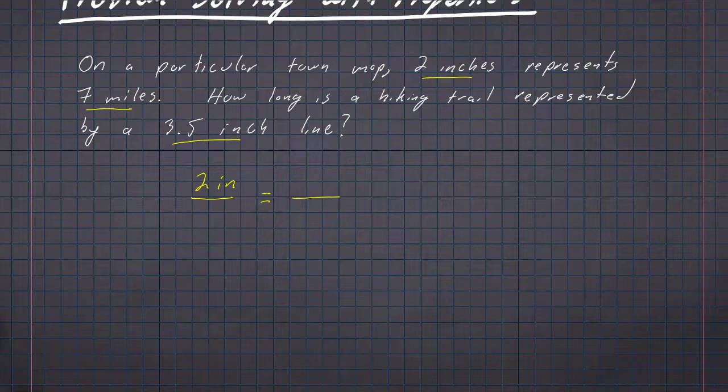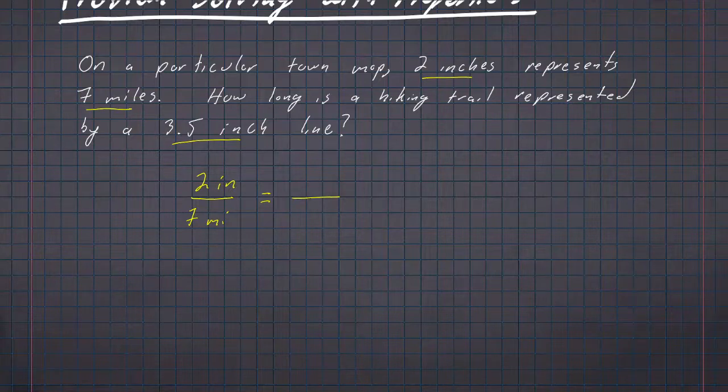We can choose to either put that 7 miles right here or right there. Both of those are valid options. The way that I think of the ratio, the rate, is inches on the map to miles in the world. So I think of that as a rate, which makes me want to put 7 miles right there.